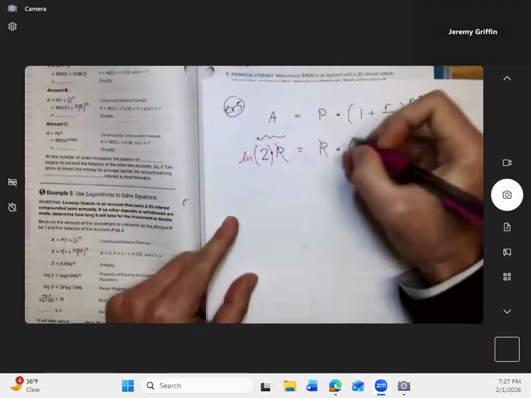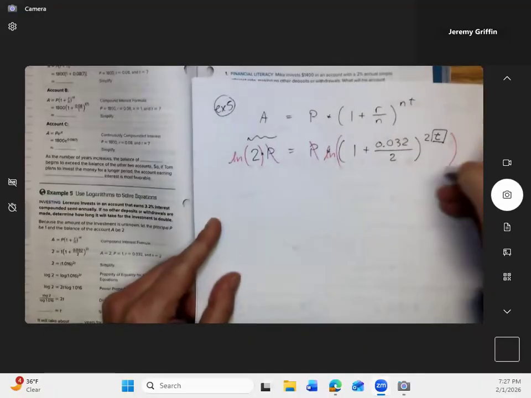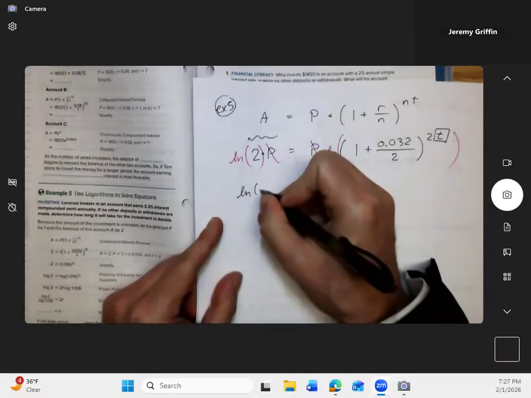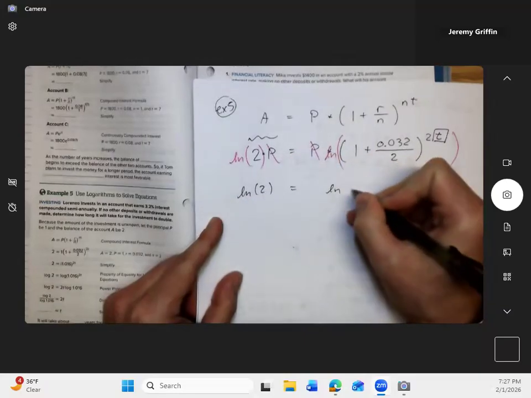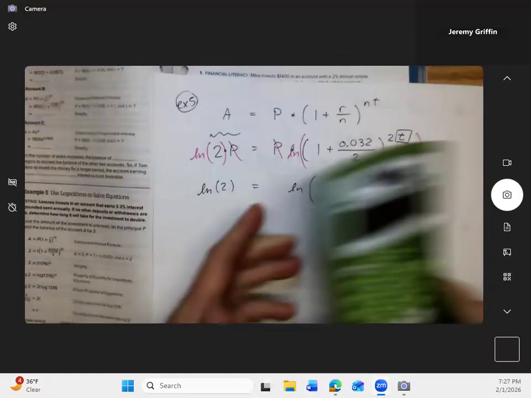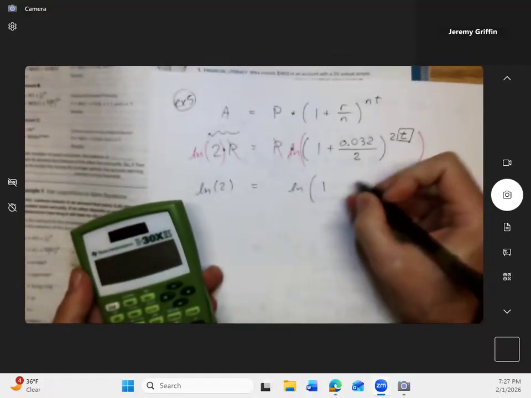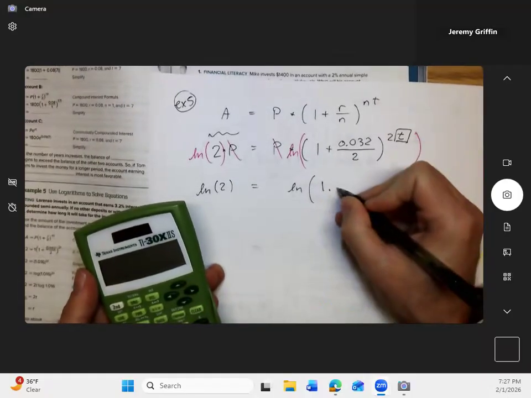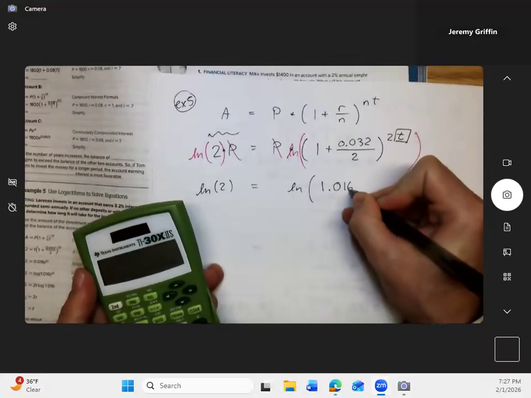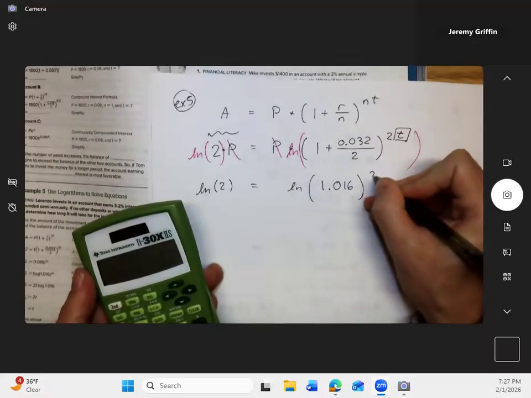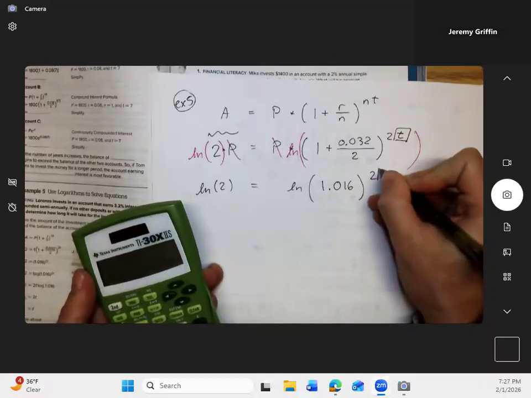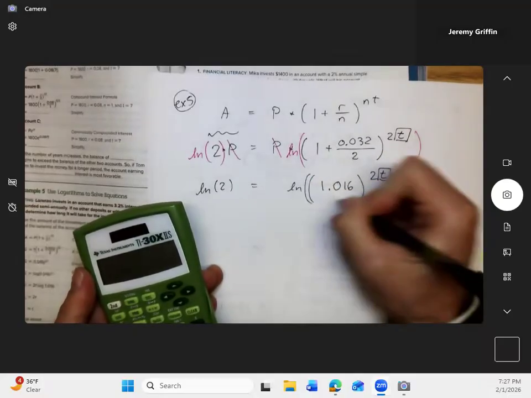Natural log of 2 equals natural log of all this. Natural log 2 equals natural log of, what if I can clean this up? Yeah, I sure can. Because 0.032 over 2 is 0.016, and I can add that to 1, like this, to the power of 2t. We're taking natural log of all this.